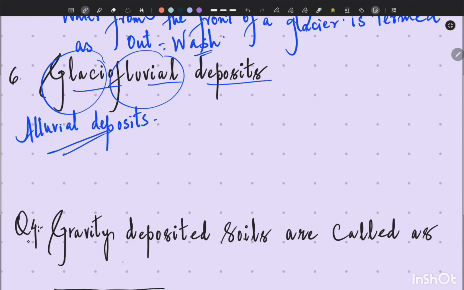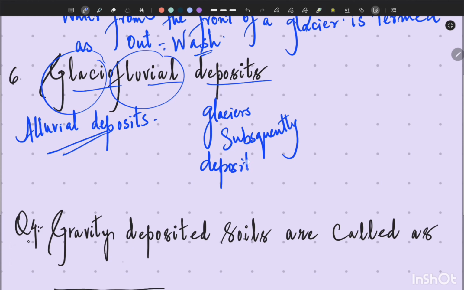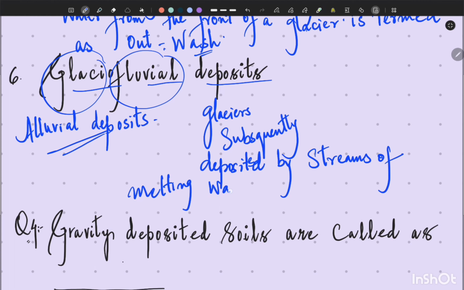So all those soils which are moved by glaciers and then are subsequently deposited by streams of melting water are known as glaciofluvial deposits.